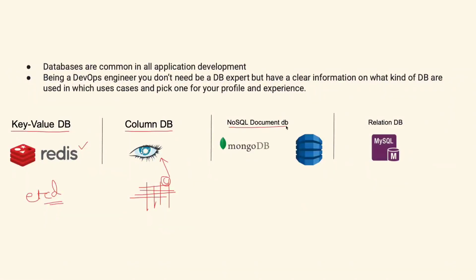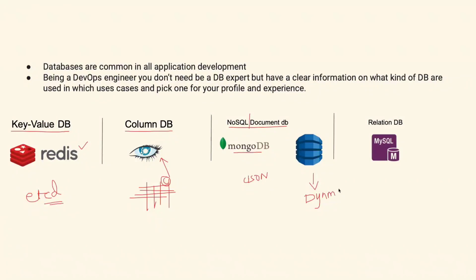Next comes the NoSQL or document database. And this is also called a schemaless database. The data stored here usually looks like JSON format data, but it is more or less data that doesn't have any particular schema. The most famous one is MongoDB, and the one in AWS is DynamoDB, right?